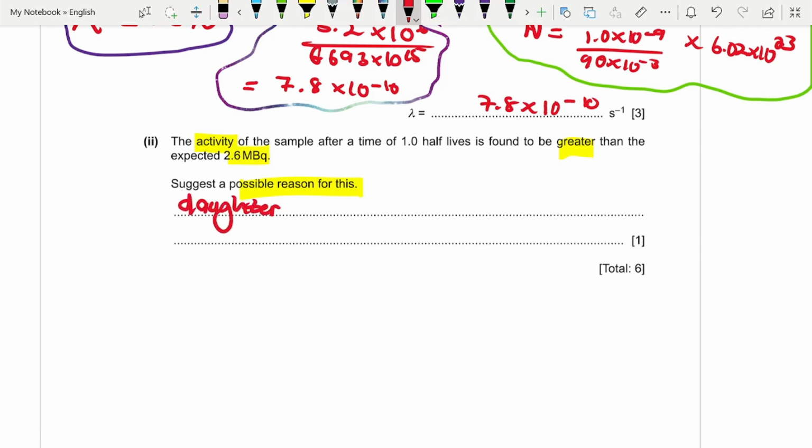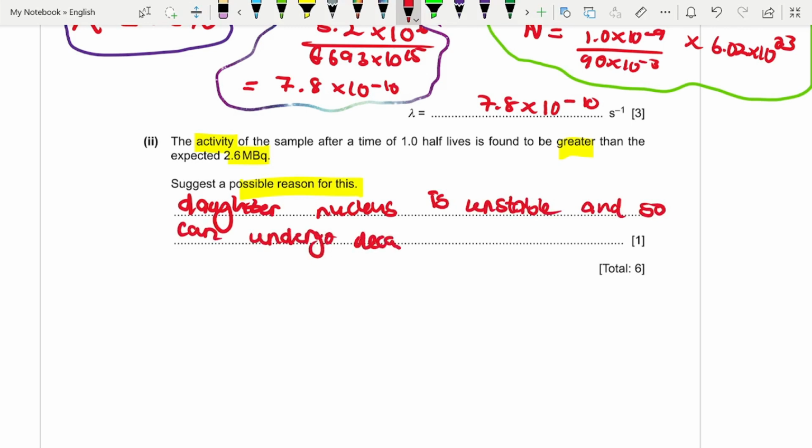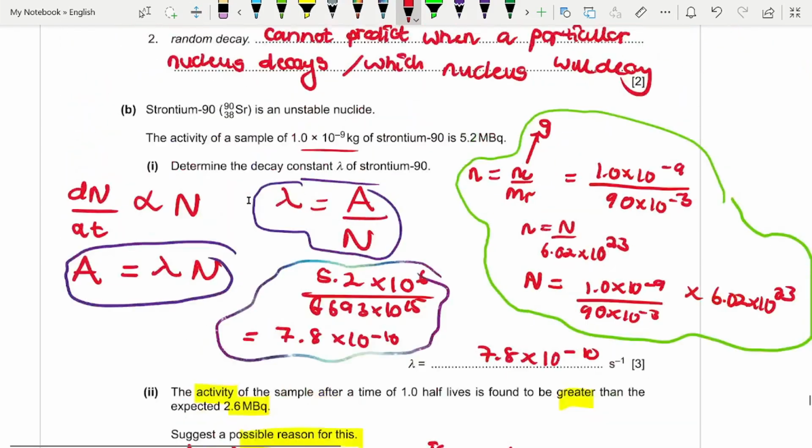So you have an unstable parent, probably going to produce an unstable daughter. It could happen, I'm just saying. The daughter nucleus is unstable and so can undergo decay. So be thinking of those multiple ideas, a lot of ideas around, and try to see how they can be connected.